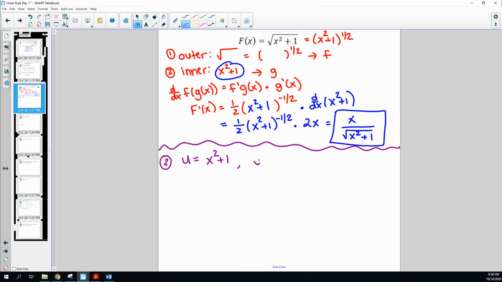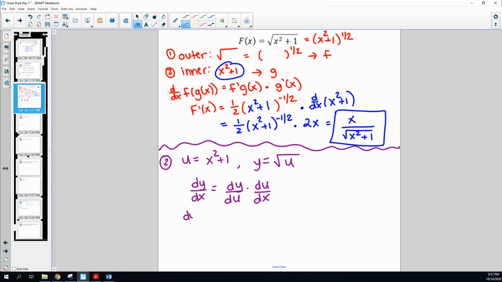And then our y is going to be the outer function at u. So it's going to be the square root of u. So we're plugging in u. And then we're going to write dy over dx equals dy over du times du over dx. Right? And we can see that mathematically the du's would cancel out and we get dy over dx. That's why this is the same thing.